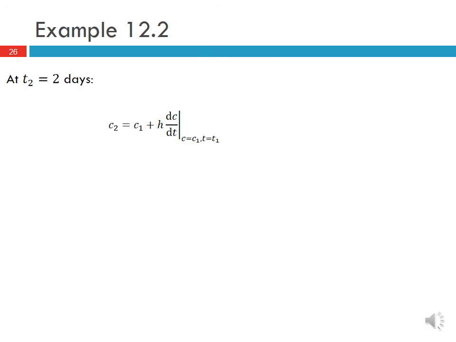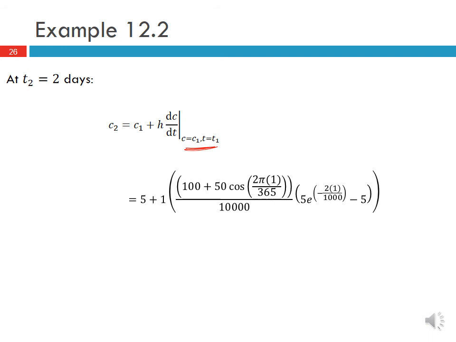Then at 2 days, C2 is equal to C1 plus h dC/dt, evaluated at C1 and t1. So again, plugging in the form of our differential equation, and now here we've got t equal to 1, and C1 again was equal to 5.